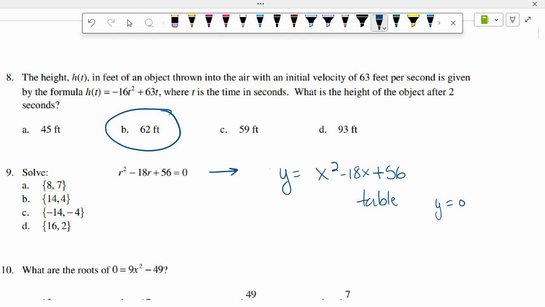So put it in your calculator. Y equals, come on, what are the two places that this equals 0? Negative 14. I did not get that.